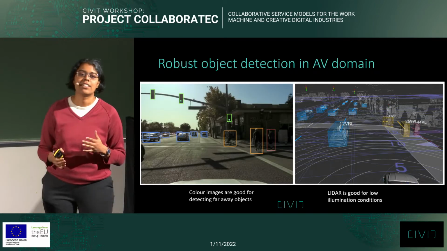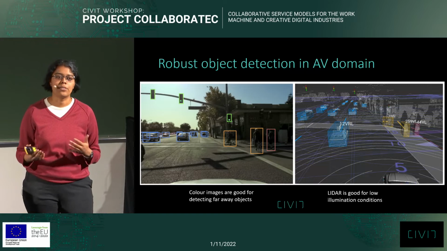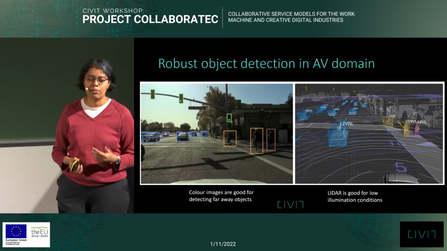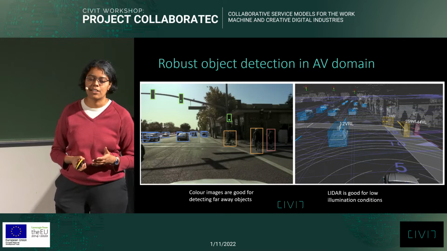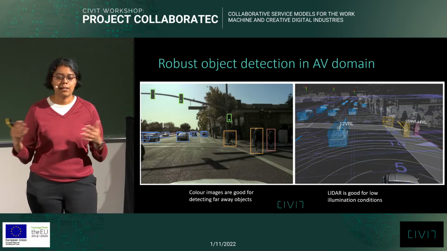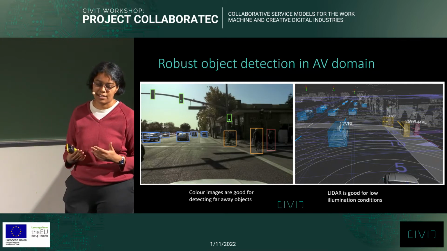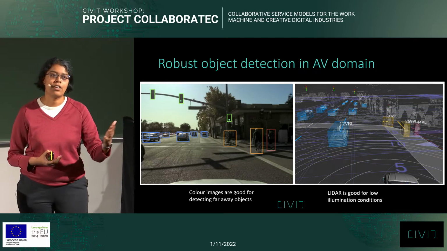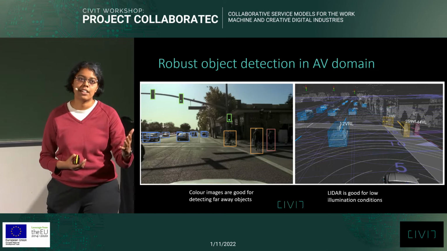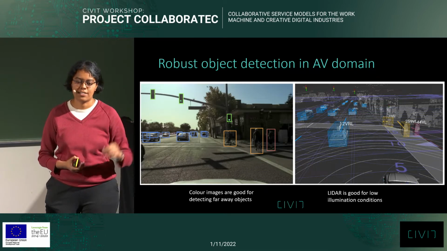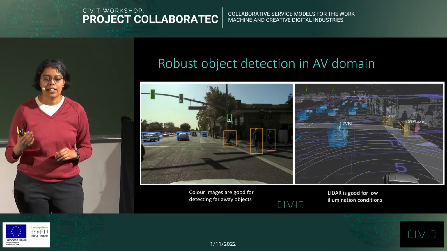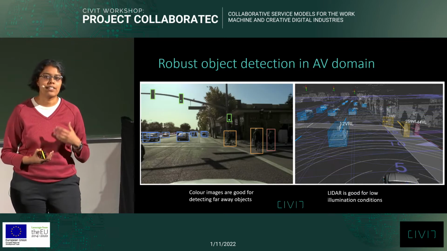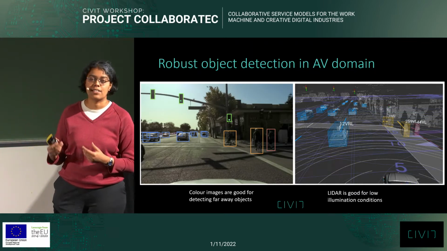These are a couple of other examples to showcase how you can do multimodal fusion. One common example in the autonomous vehicle domain is combining color camera with LiDAR information. Color cameras work really well for far away objects, which LiDAR cannot capture because it's a bit sparse. Whereas color cameras don't work well when there's low illumination, but LiDARs can still capture that.